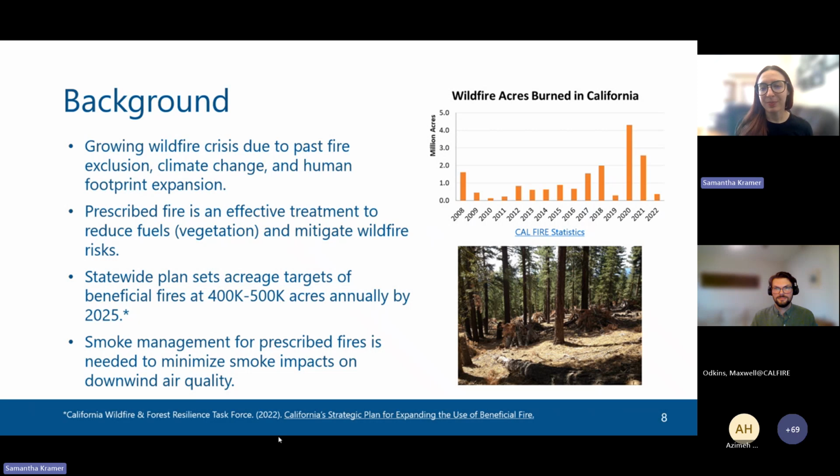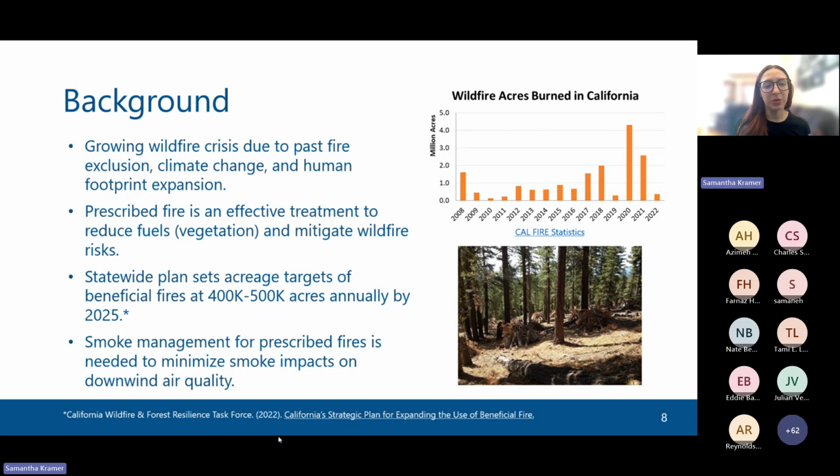So, I think we're all aware that the wildfire crisis is a lot due to both human and climate change factors, suppression, and the excessive vegetation that we do have on the ground. And that prescribed fire really is an effective treatment to reduce the fuels and mitigate the wildfire risks.